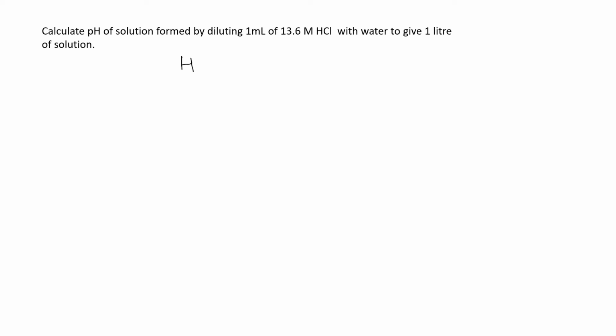Now let us take the problem of hydrochloric acid, in which the concentrated hydrochloric acid is diluted to 1 liter of the solution. HCl is a strong acid and it completely dissociates into hydrogen ions and chloride ions. It means 1 mole of HCl is going to give 1 mole of H positive ions. To find out the final concentration of resultant solution, we will use the molarity equation M1V1 = M2V2.